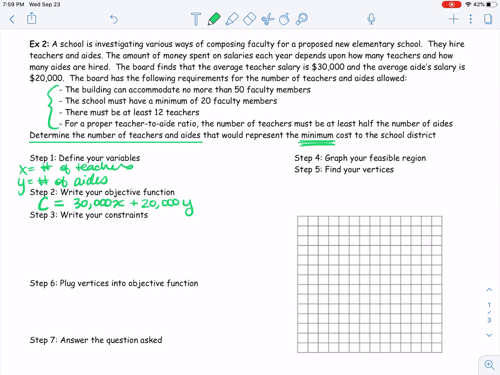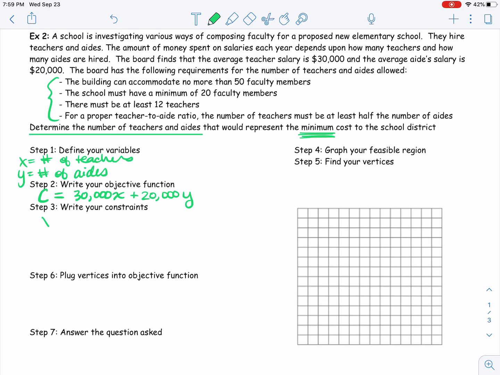Next thing I want to do is write those constraints. And like I said, those requirements are the constraints. If the building can accommodate no more than 50 faculty members, then that means the number of my teachers plus the number of my aides has to be less than or equal to 50.